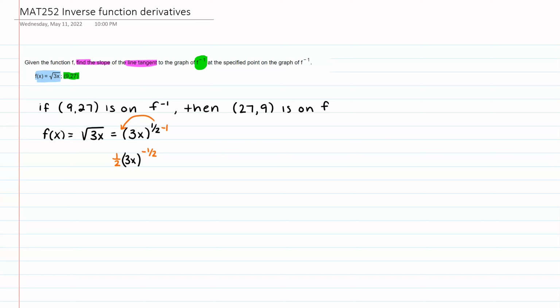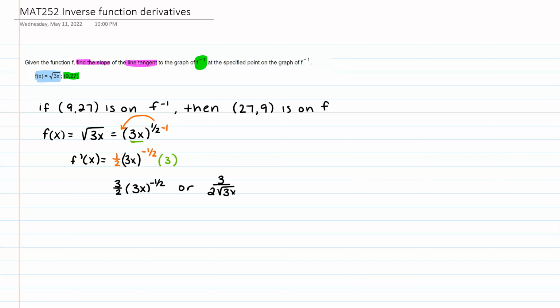But since the thing that I was raising to a power originally was not just x, I then have to use the chain rule and multiply by the derivative of this inside function. So I'm going to multiply by 3. So f prime of x is going to be 3/2 times 3x raised to the negative 1/2, or you can write that as a radical of 3x, but then it has to go in the bottom of the fraction: 3 over 2 square root 3x.